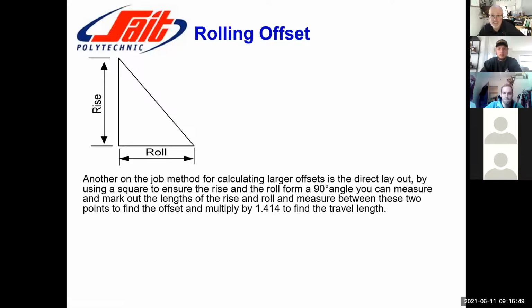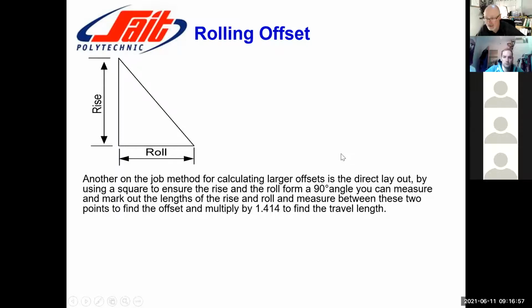Once you get the distance between these 2 points, you can measure the offset, and the offset is the diagonal here. Then you multiply by 1.414 to get the travel. That's just another method of doing it.